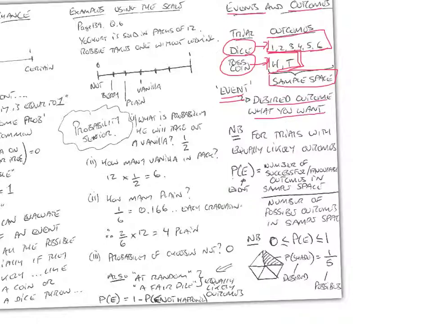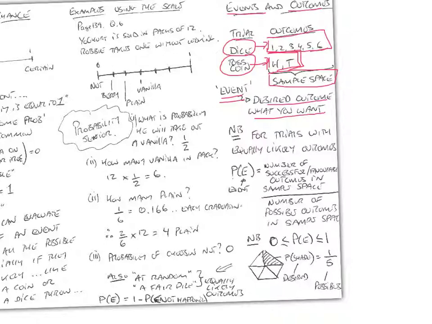So if you were to perform the trial of tossing a coin and you were trying to find the probability of heads, heads is the event that you want. It's the desired event of the two outcomes, and that's what you're looking for the probability of.